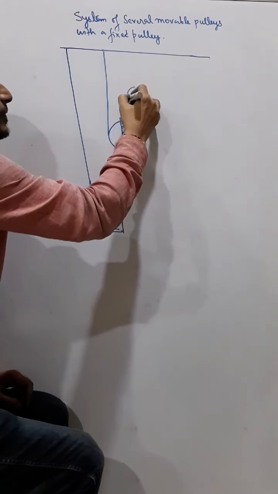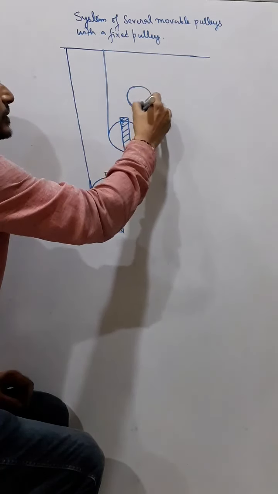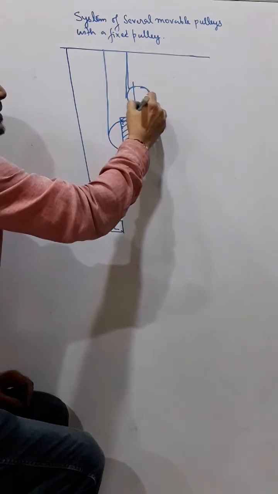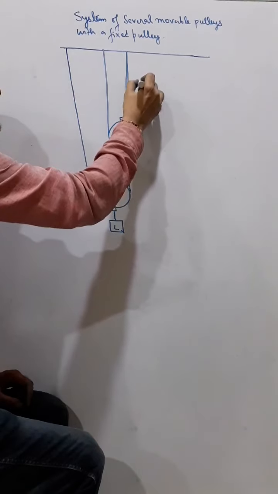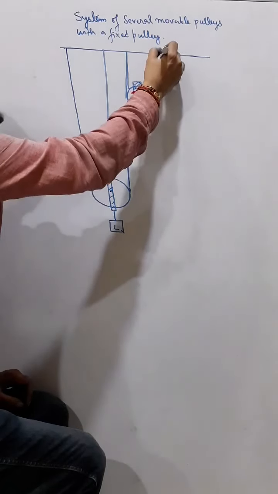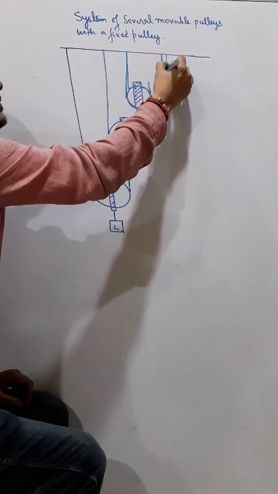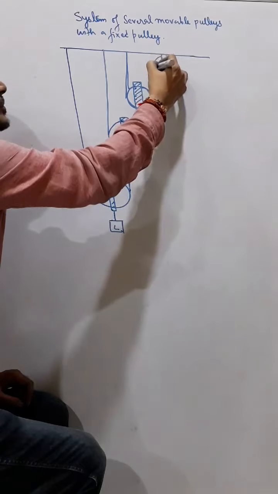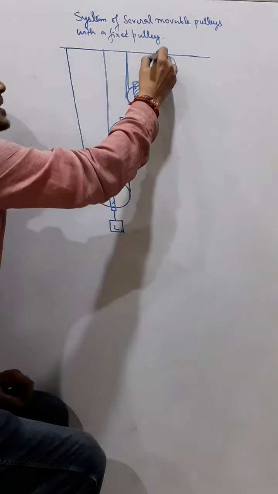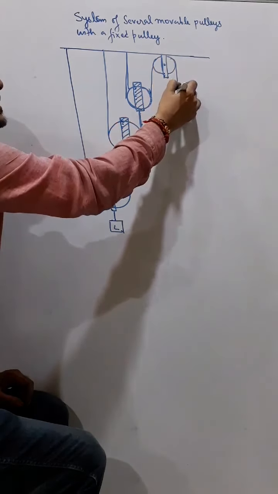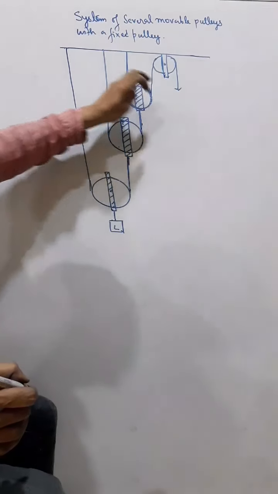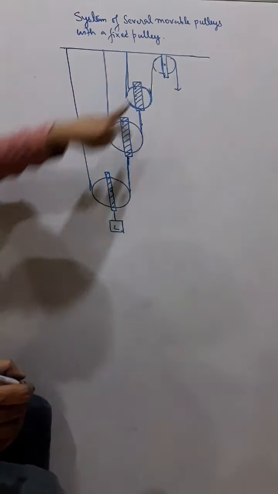Say suppose you have another movable pulley here, like this, and at last you have a fixed pulley. So it goes like this and like this. So understand? So you have say 3 movable pulleys and 1 fixed pulley. We can have 2, 1, we can have 5, 1, like this.